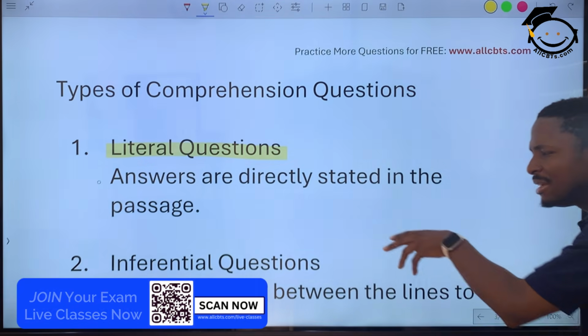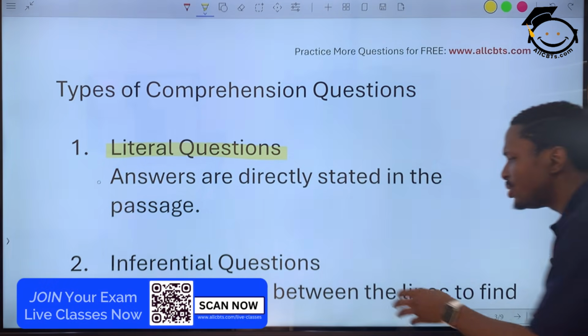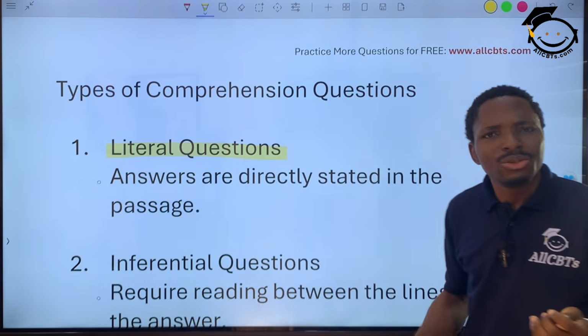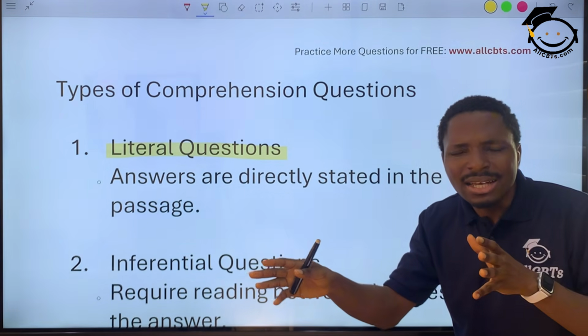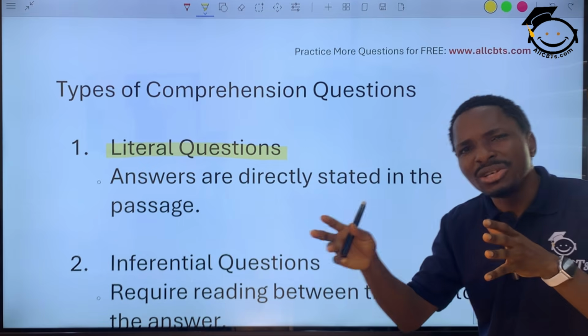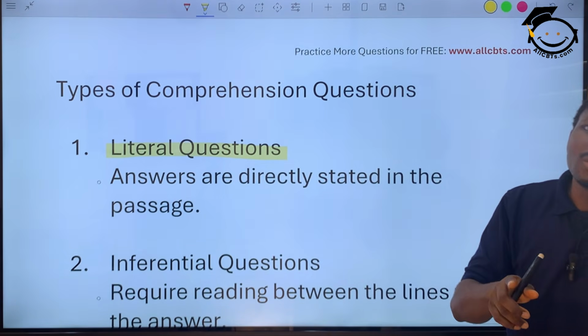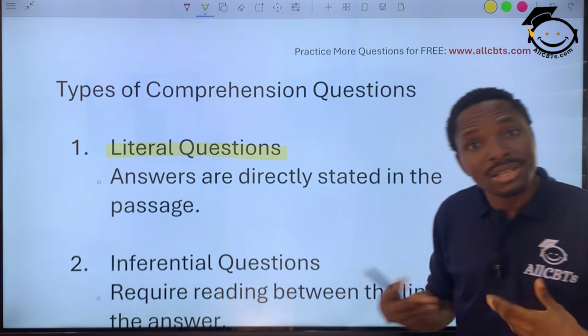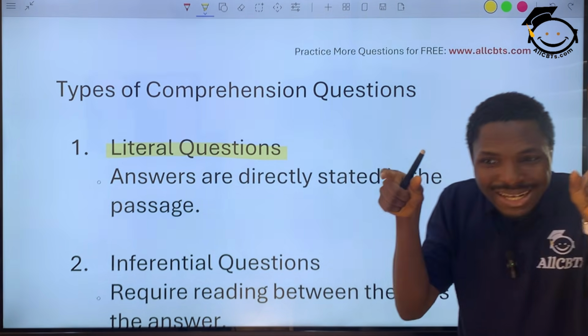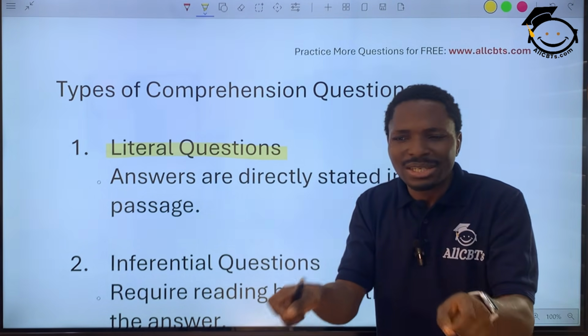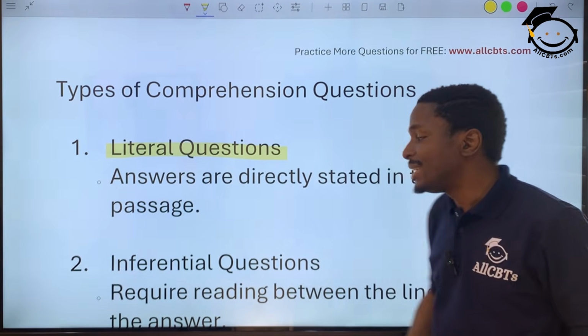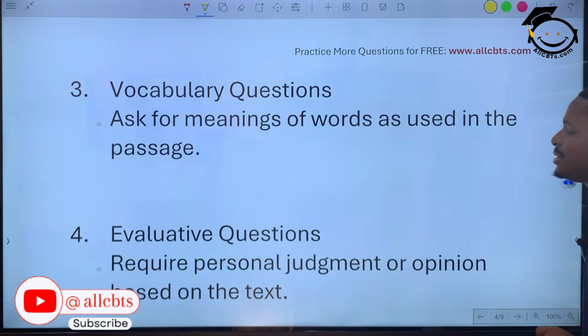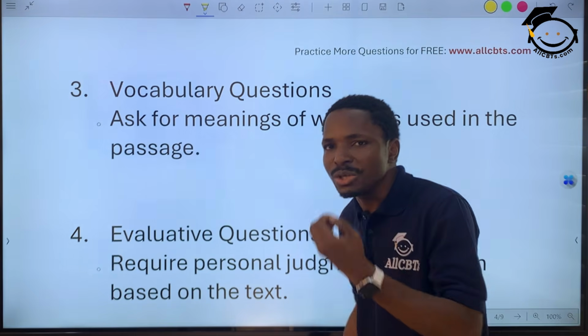And then you have inferential questions. This one requires you to think a little bit, to read between the lines, to put your understanding in your own words. Because it's inferential, the answer is not clearly stated there, but if you read between the lines, you could see the answer.